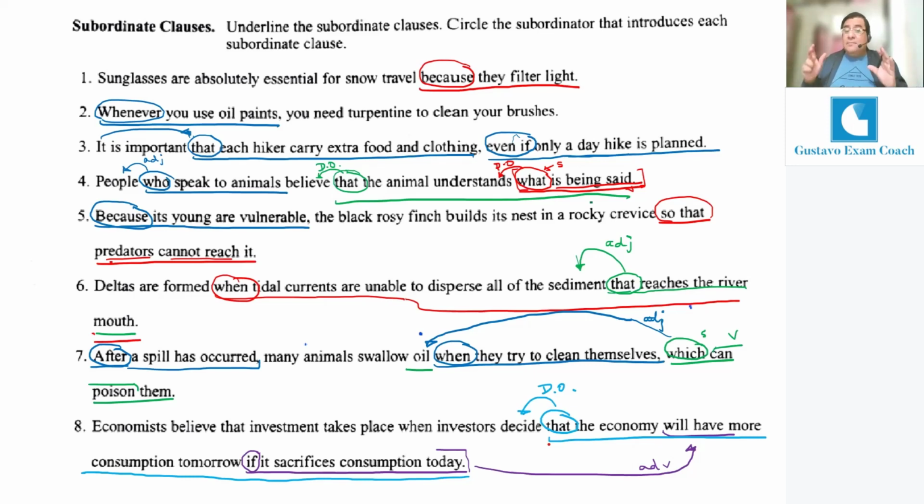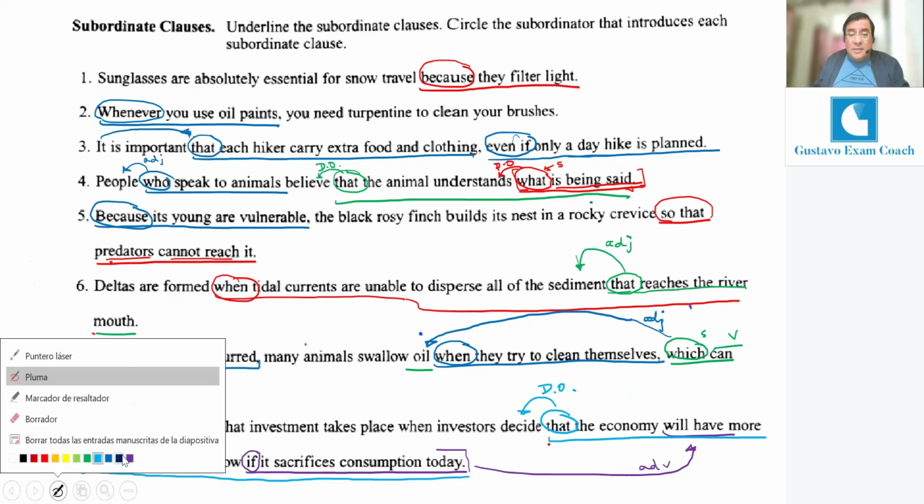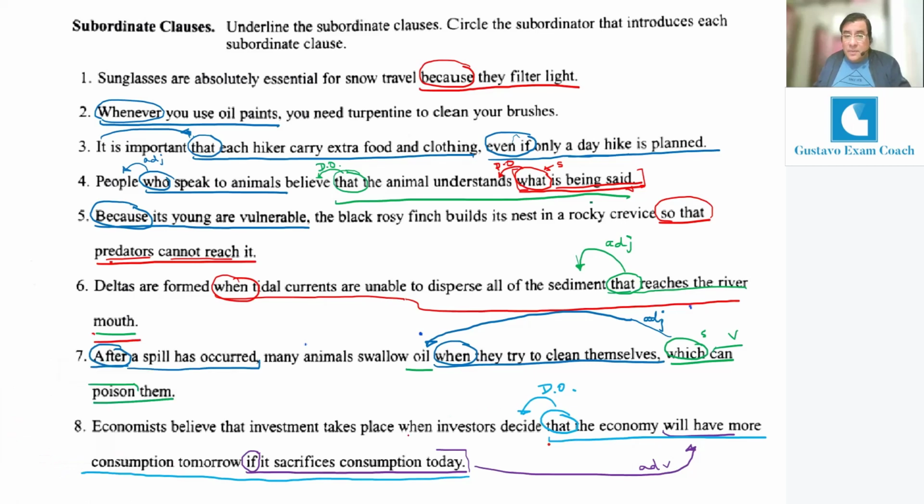But the fact that there is the word when before investors makes it a subordinate clause itself. So let's try underlining this in another color. Take a look. When investors decide that the economy will have more consumption tomorrow if it sacrifices consumption today. Yeah, all of it is another subordinate clause starting with when, which indicates an adverbial clause.